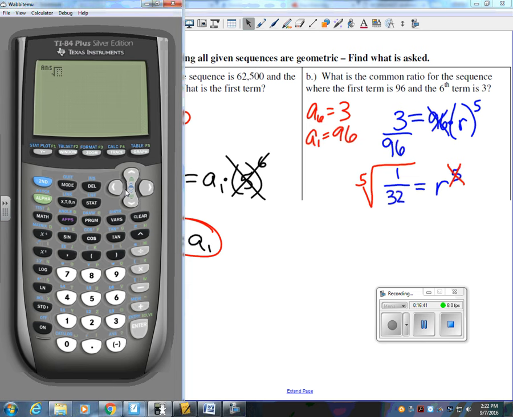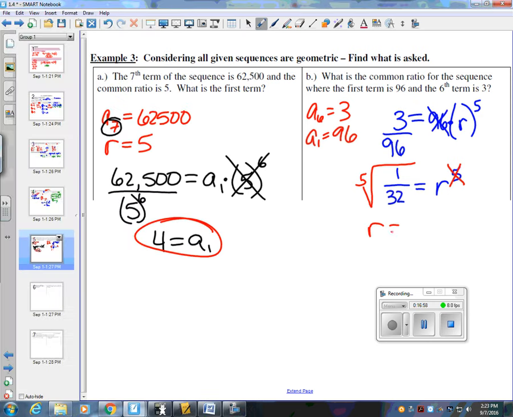And then you have to use these keys right here and go over twice. And you're going to type in a 5. And then you're going to go back underneath and type in 1 divided by 32. And what do you get? 0.5.